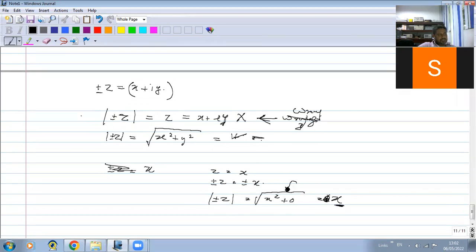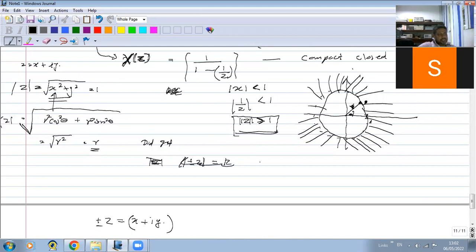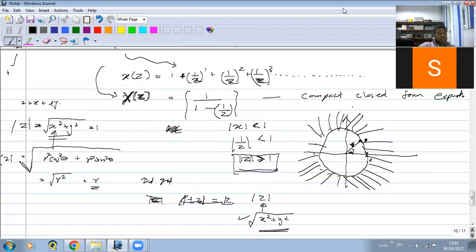So here it denotes this Z. When you say absolute Z, this is a complex variable, so always this refers to the magnitude, not the plus or minus value. Did you get it?